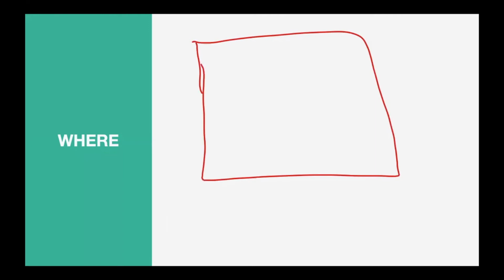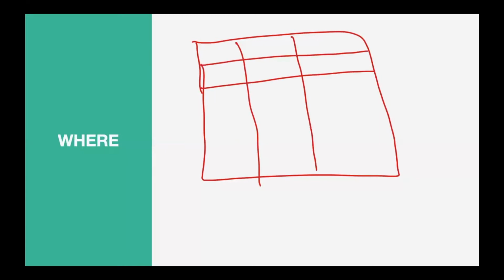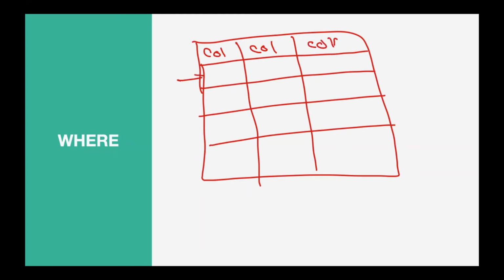Remember, think of a spreadsheet. If you've ever worked with a spreadsheet, we have a table here. I'm just going to draw this out. In the table we have columns, right? And we have rows. So this is a column, column, column, and these are rows.